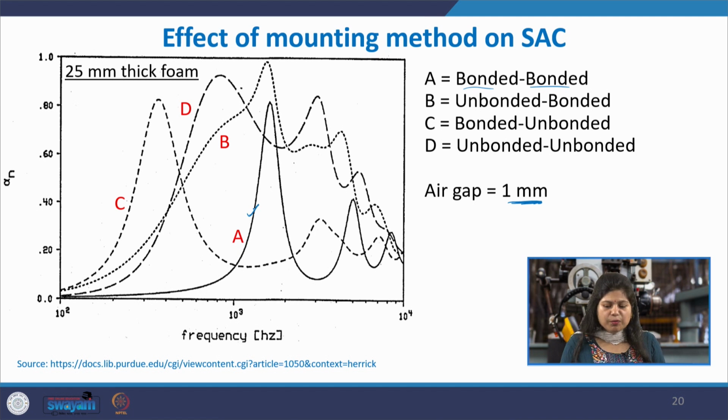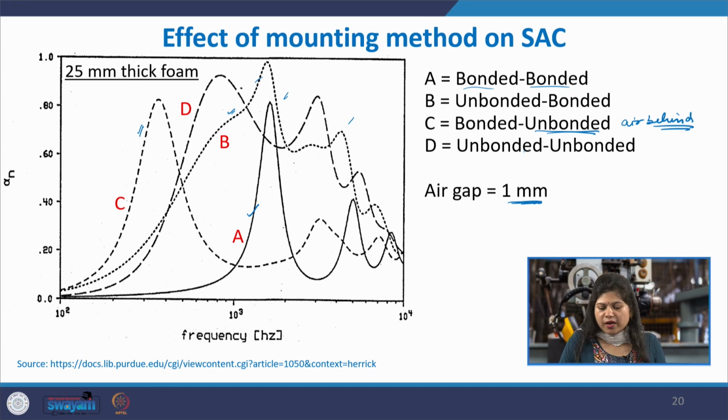When you have an unbonded, bonded thing, then suddenly you have a much higher SAC value. And when it is bonded, unbonded, which means an air gap behind the porous material, before the barrier backing, again a similar thing happens: the peak shifts towards the lower frequencies.